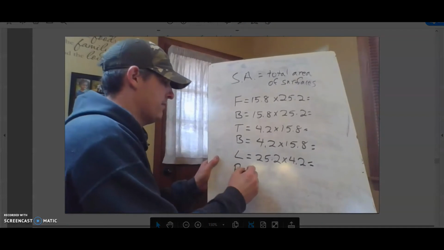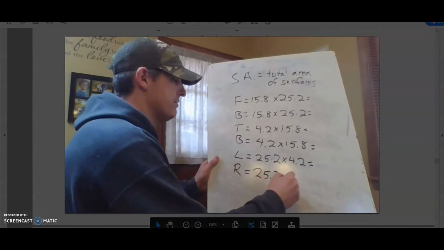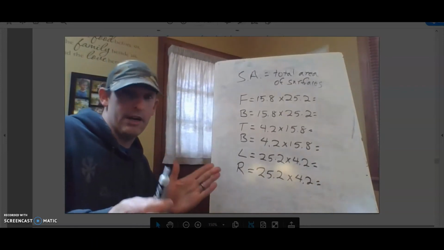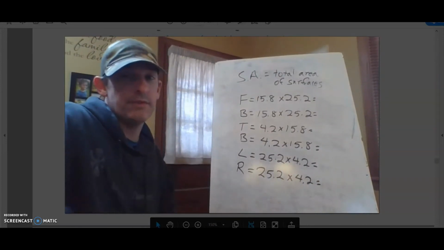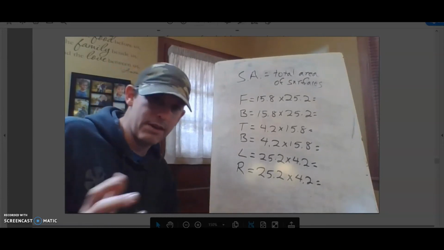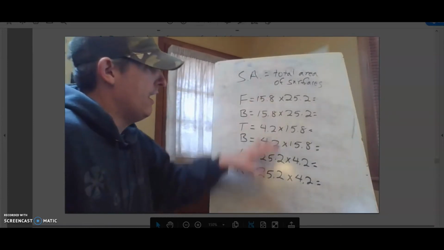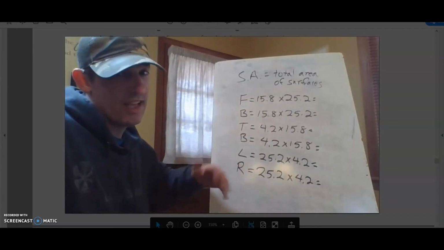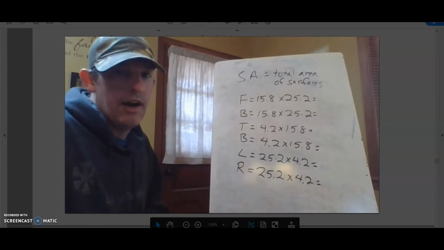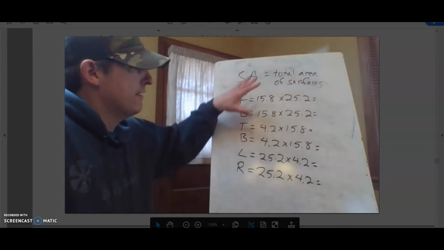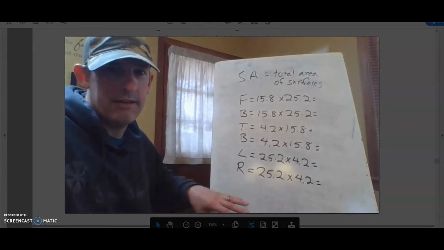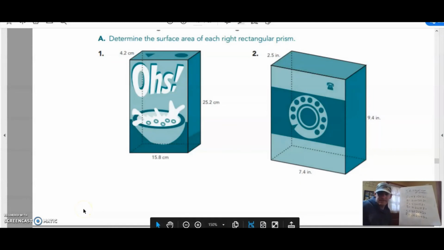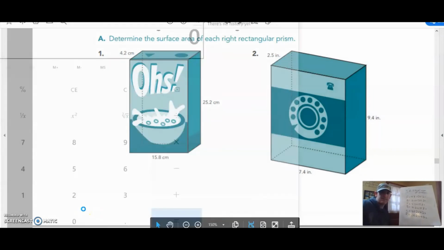And then I'm going to do the same thing for the right. 25.2 times 4.2. So you've got to do all the multiplication, but keep in mind, when you use a calculator, if you keep it organized, written on your paper, it's not too bad.